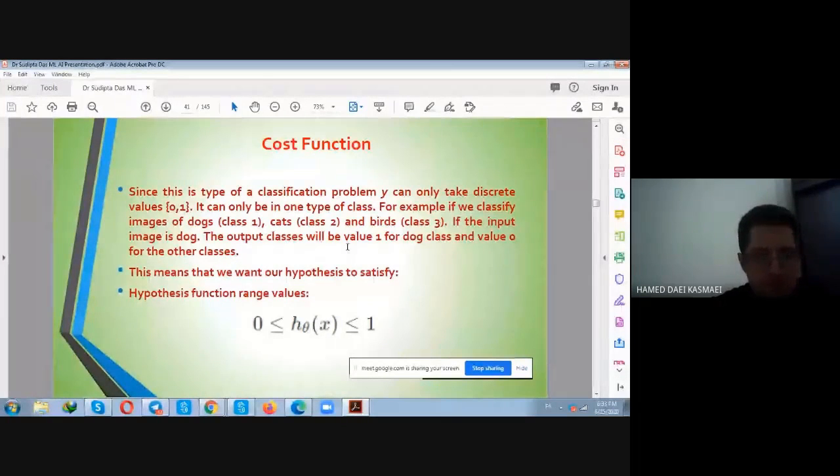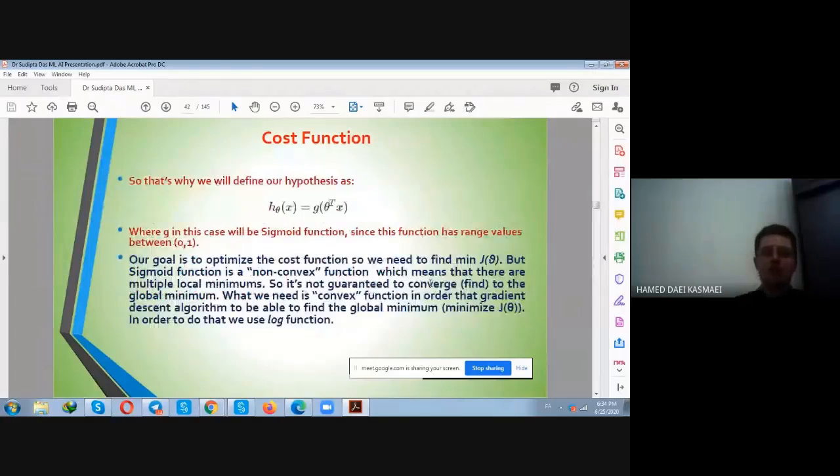This means that we want our hypothesis to satisfy this: the hypothesis function h theta x ranges between 0 and 1. That's why we define our hypothesis as h theta x equals g of theta transpose x, where g in this case is the sigmoid function, since this function has range values between 0 and 1.